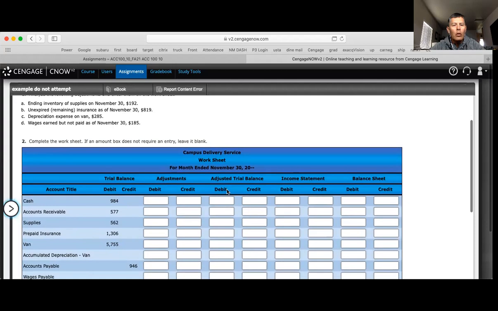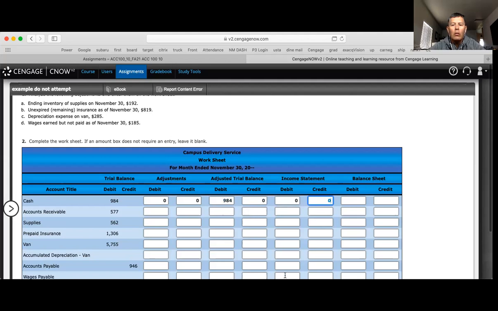Okay, so cash, let's take a look at cash, see if anything happens to cash. There's no adjustments, so we'll put 0 in there. There's no debits or credits because there's no adjustments. We'll have a debit balance of 984.